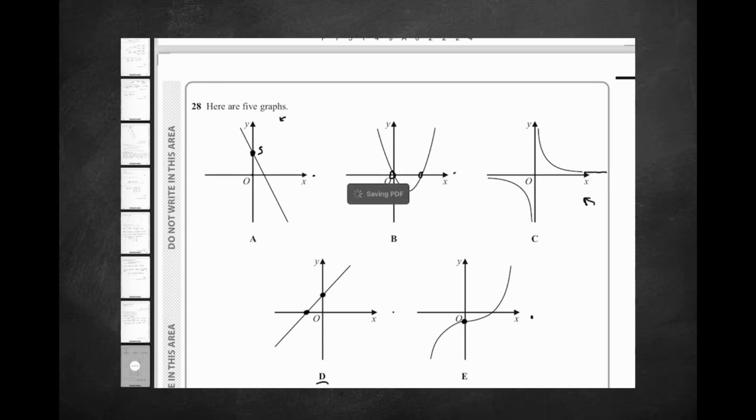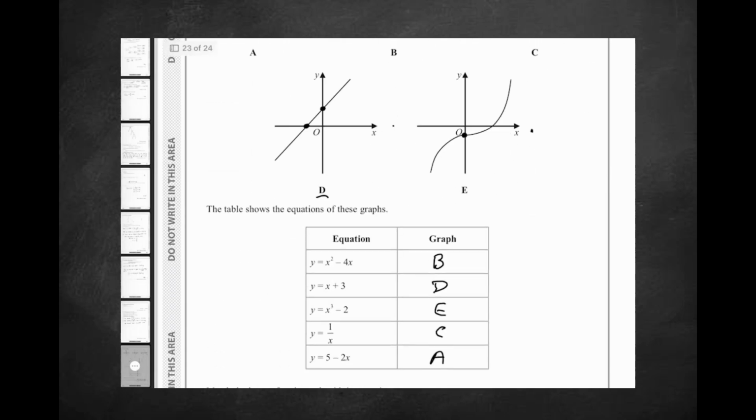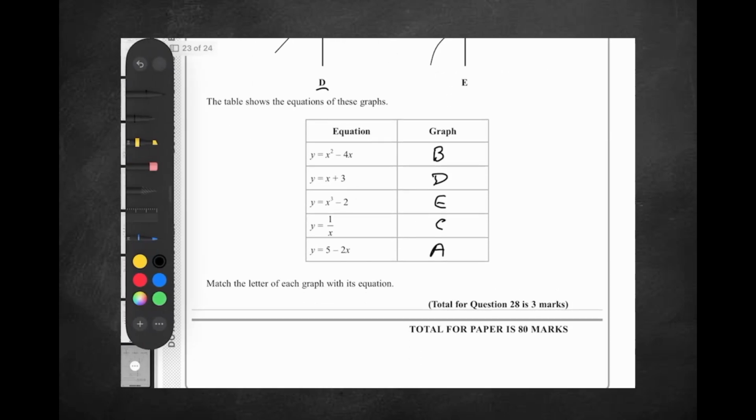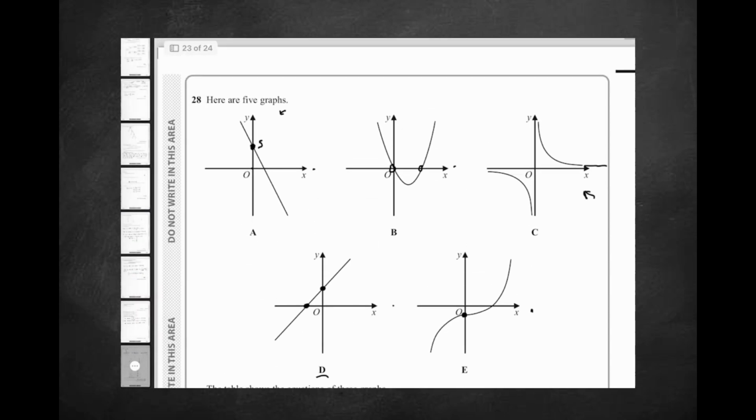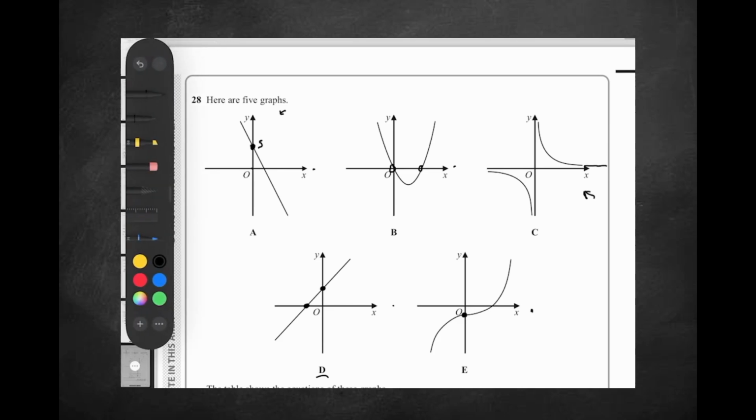And we'll say when y is 0, we have 0 equals 5 minus 2x. Therefore, 2x equals 5. Therefore, x equals 5 over 2. For y is 0. Does that work for A? Is it reasonable? It absolutely is. That could well be 5 over 2.